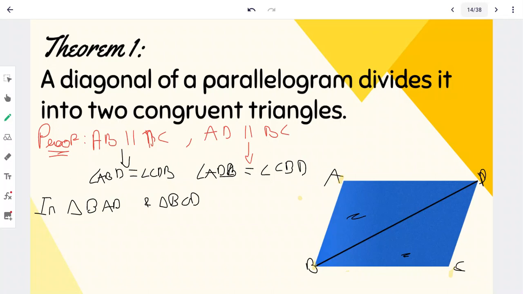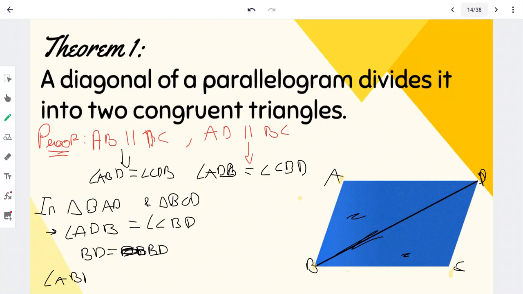So what we have here is that angle ADB is equal to angle CBD, correct? Then BD is equal to BD because that is the common side. And angle ABD is equal to angle CDB. These two we are getting from the first step, isn't it?